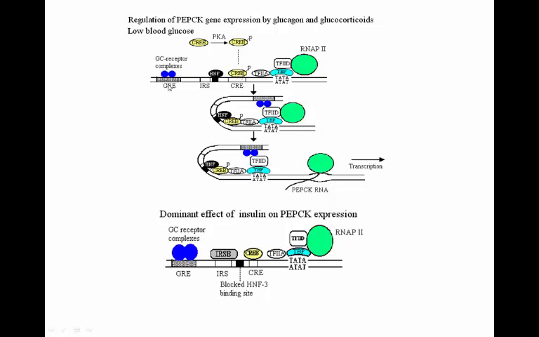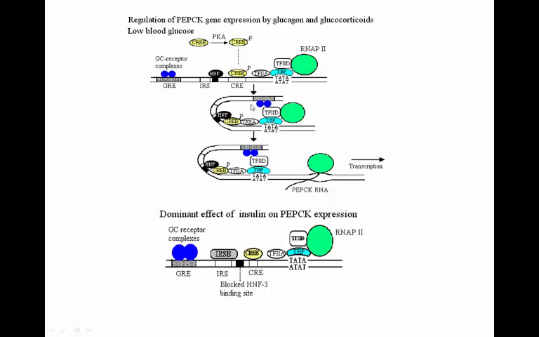Glucocorticoids are steroids, and they bind to the glucocorticoid response element. And here's the glucocorticoid receptor complexes. This is called hepatocyte nuclear factor 3. Since we're in the liver, this is what makes it tissue specific. It's this hepatocyte nuclear factor 3. Here's our basal transcription apparatus. Upon binding of the glucocorticoid receptor to its response element, we swing the DNA strands together.